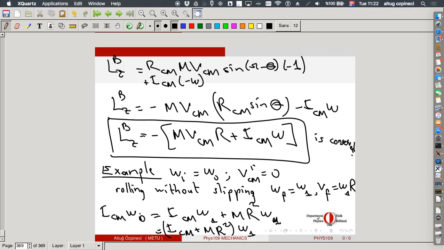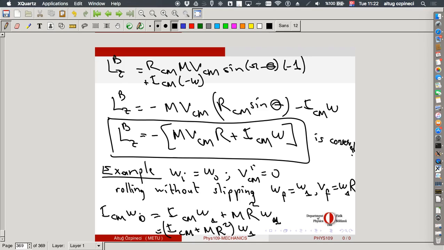Up to now, we always divided it into two: the angular momentum due to the translational motion of the axis passing through the center of mass, plus rotations around this axis. But once it starts rolling without slipping, we also have an instantaneously fixed axis. So we can forget about this splitting between the translational motion of the axis, which is 0, and the rotation around that axis.